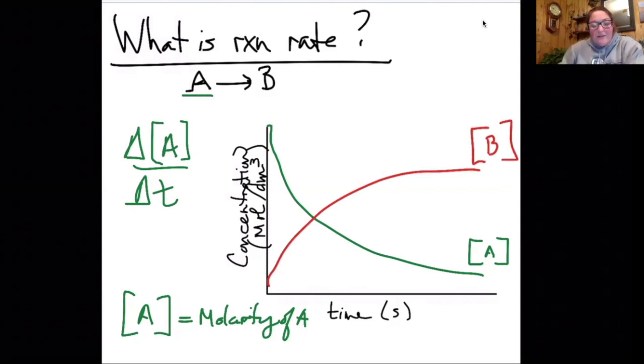You'll notice that the rate of reaction isn't always constant. A's concentration is changing more rapidly in the beginning, as noted by a steeper curve, than it is later where the slope is more gradual.